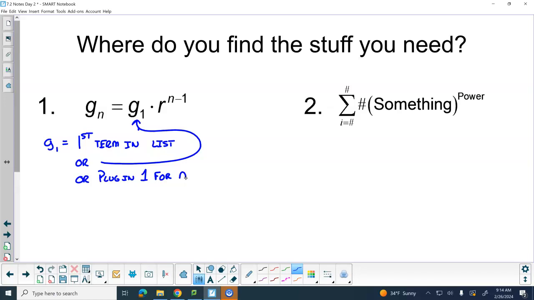Okay? If you're dealing with sigma notation, because sigma means sum, how do I find the first term in sigma notation? Let's see.